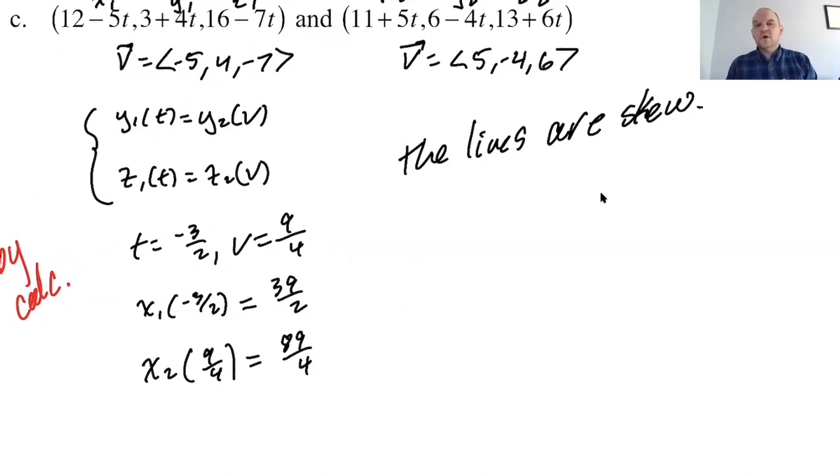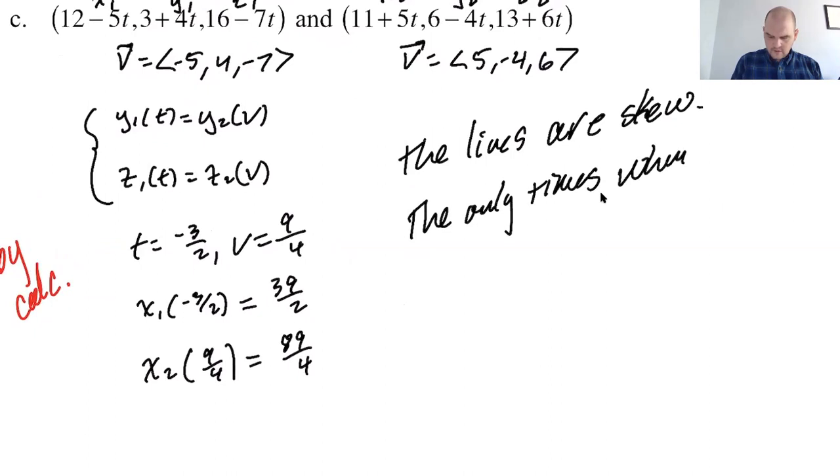So if you want to explain it more, you can say like the only times when y and z are equal, x is not equal. Oh my gosh, what even just happened there? Let me delete that. I can't even delete that. Maybe I can cut it?